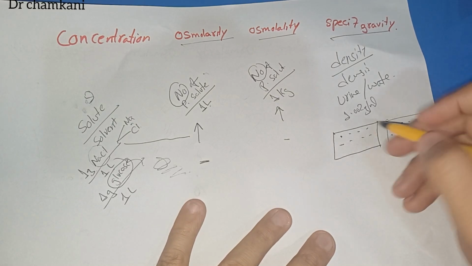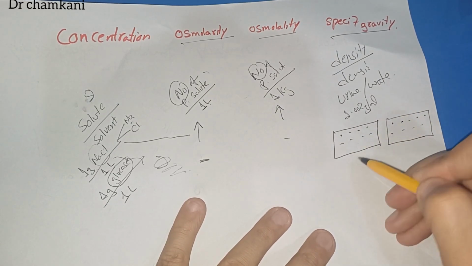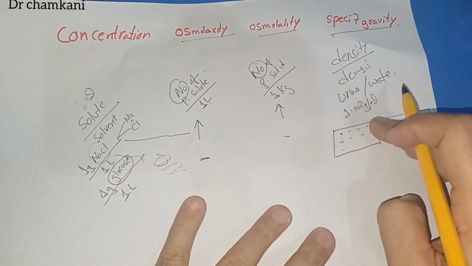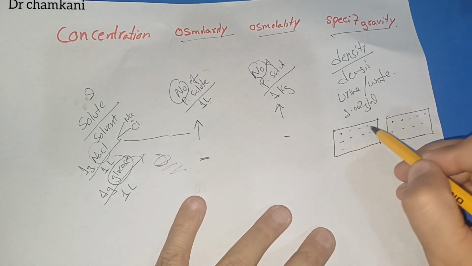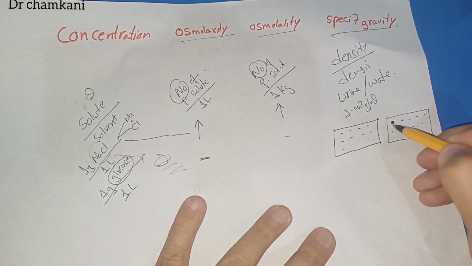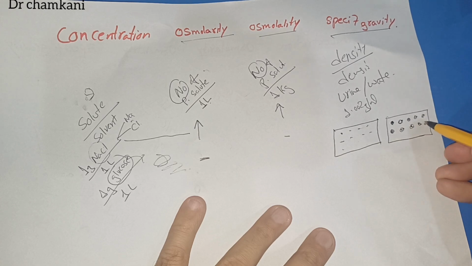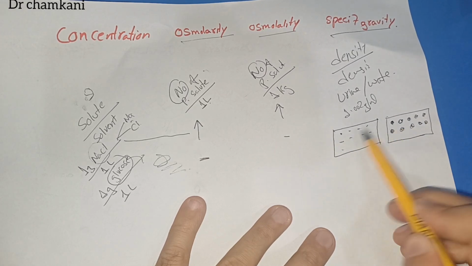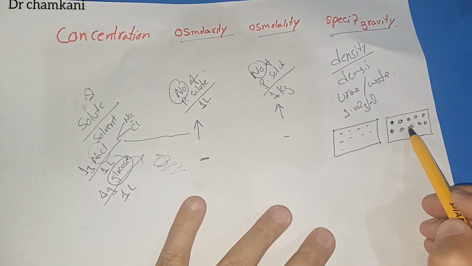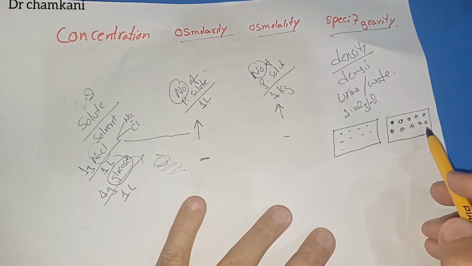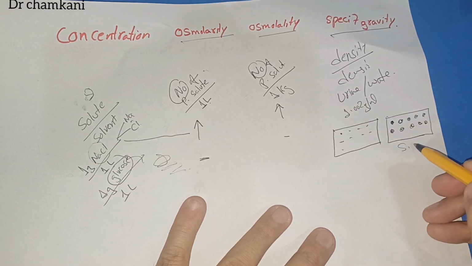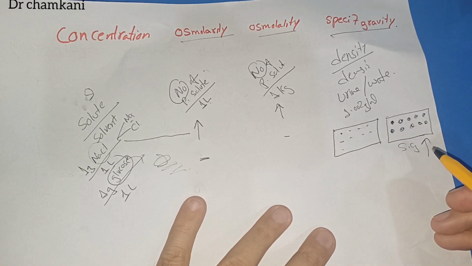So if these are two solutions, there is the solvent and there are solute particles. Now here the solute particles are small and here the solute particles are a little bit large, their weight is higher. So the number of solute particles is the same, but the weight of solute particles in this solution is higher, so the specific gravity in this case will be high.